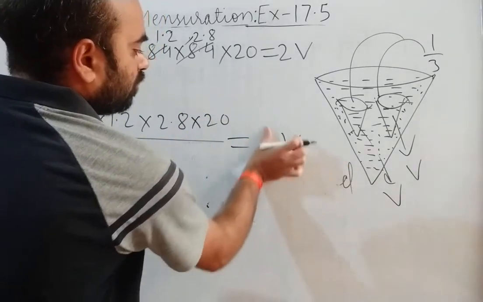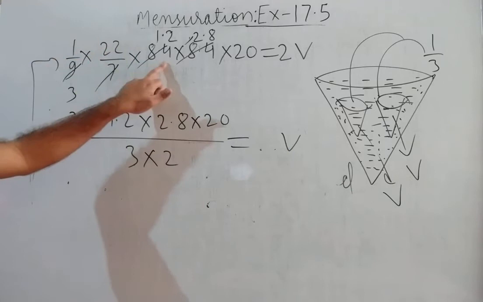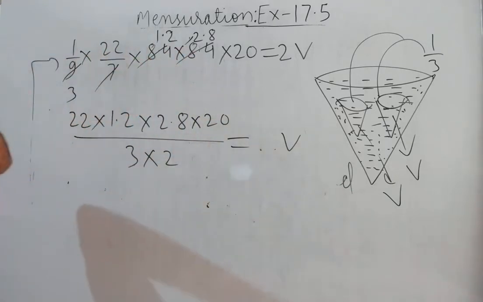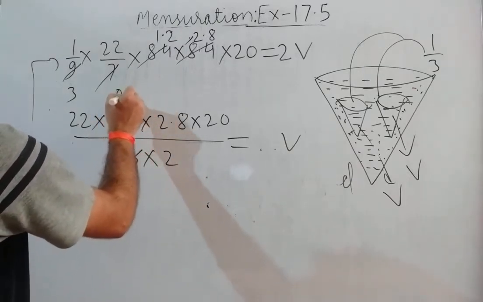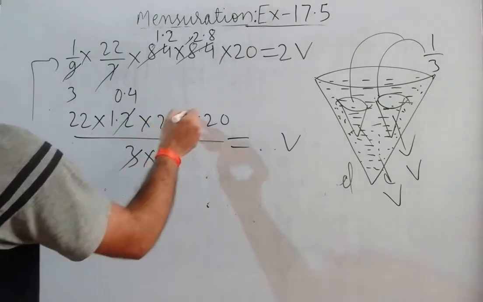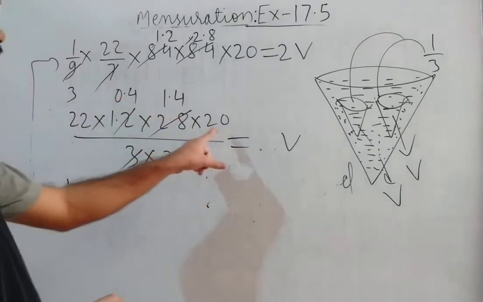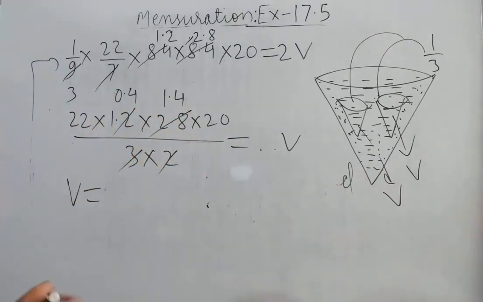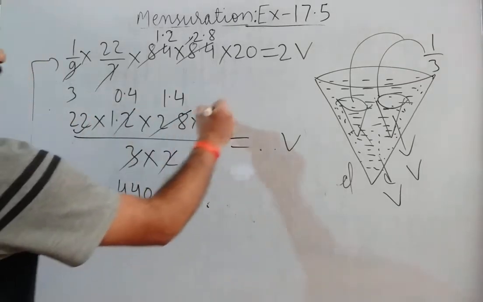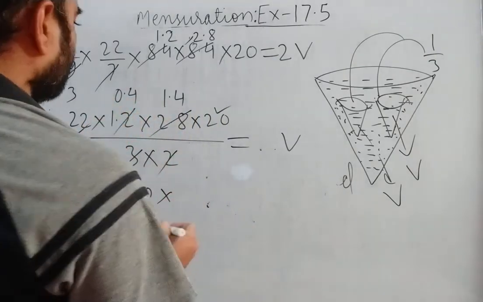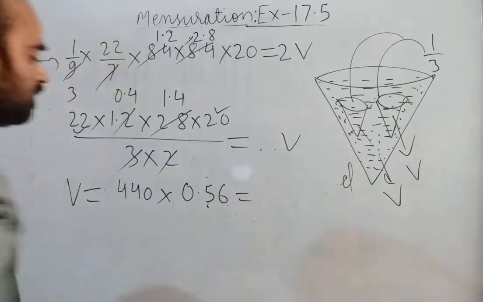It means what is the value of V? Here also you will divide. Correct? 22, 1.2, then 2.8, into 20. Then V will be multiplied. This will be 0.4 into 2, 4. It means 22, 440, and 14 into 4, 56, it means 0.56.